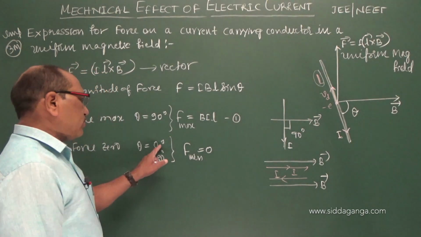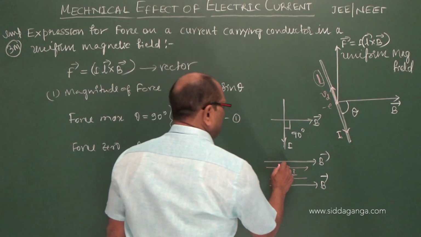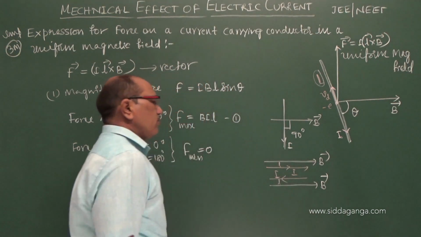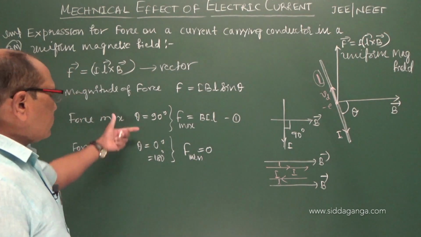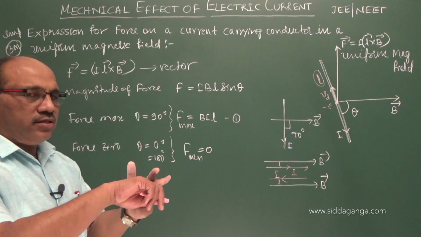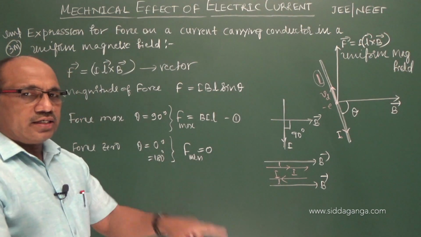In the same direction theta is 0, in the opposite direction theta is 180. For length L of the conductor, force on it is 0. Maximum force when conductor and field are perpendicular, 0 when conductor is placed parallel.